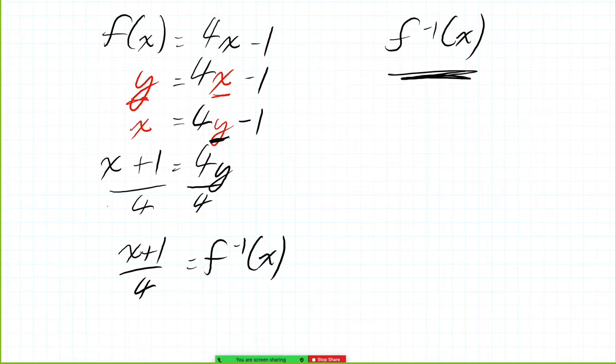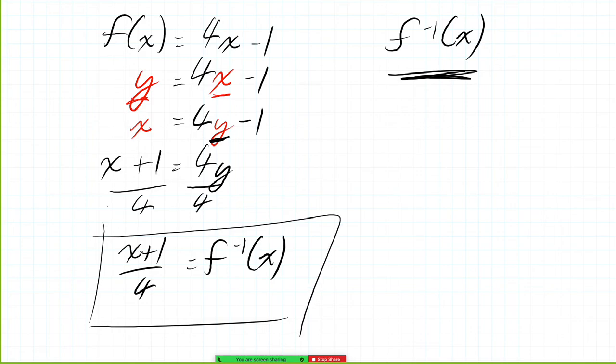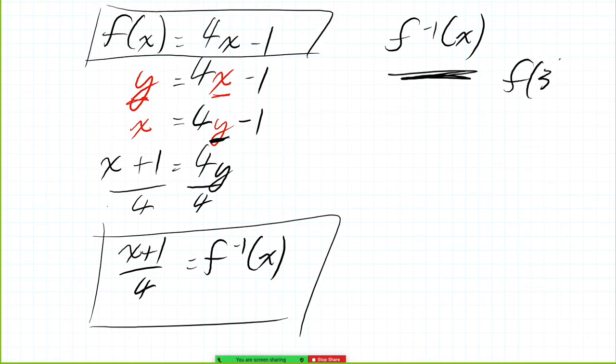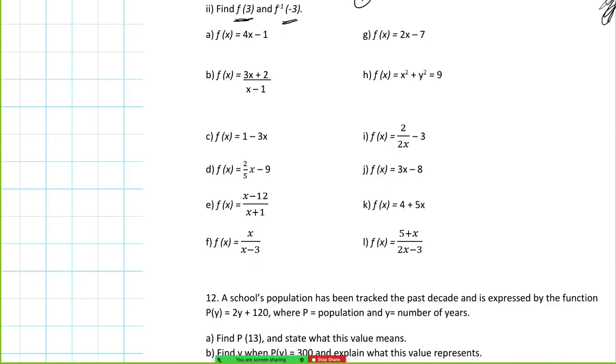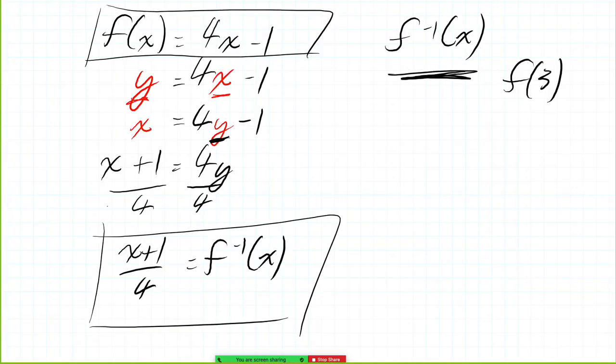So now that we have the inverse, we have one set and another set. The questions ask us to find f of 3, and I think f of -3. That's right. So to do this, the very first one, we're going to take the original f of x.